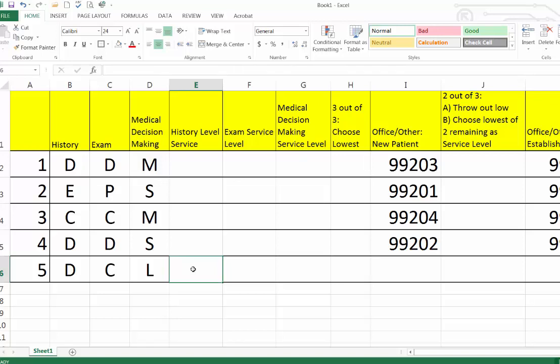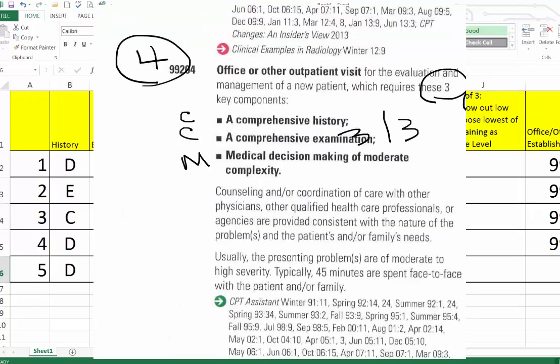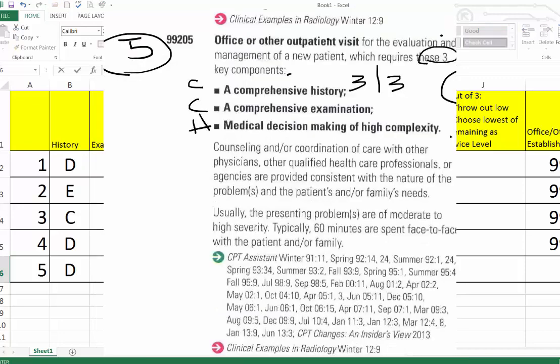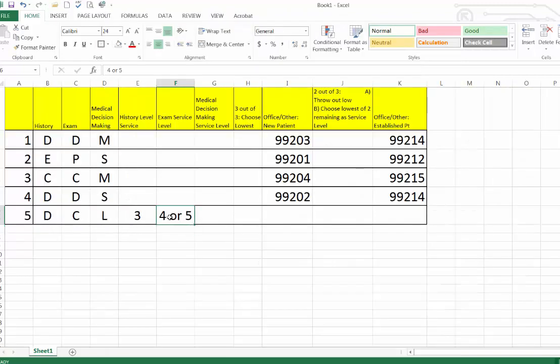So for new patient in the office, a detailed history is a service level 3. A comprehensive exam could be a service level 4 or a service level 5. So which one are you going to pick? You're going to pick the service level 5, because if there's duplication, go with the higher. And so I got a service level 5.